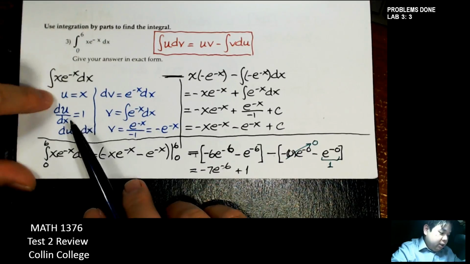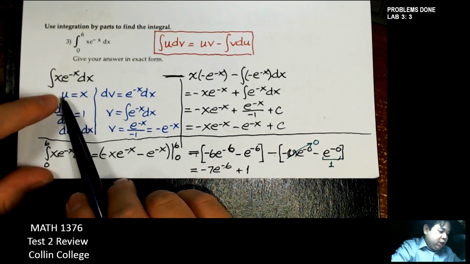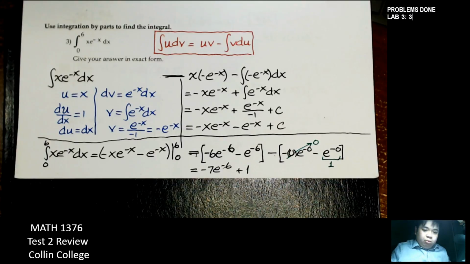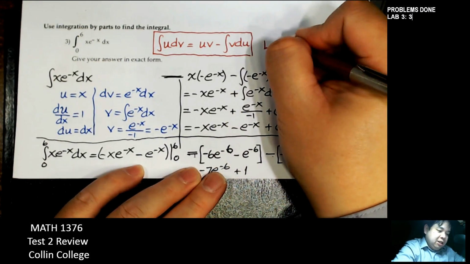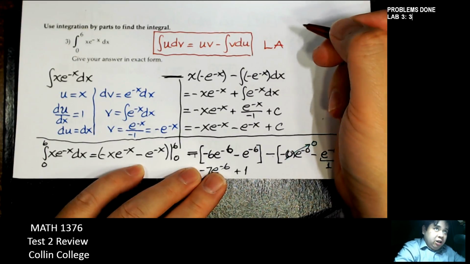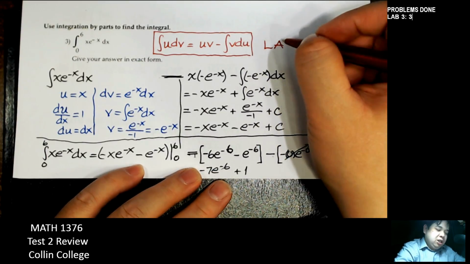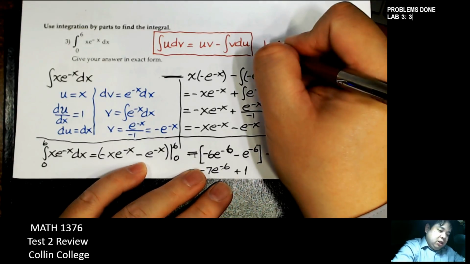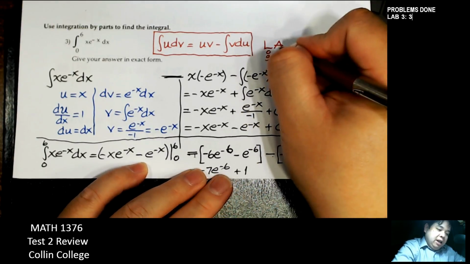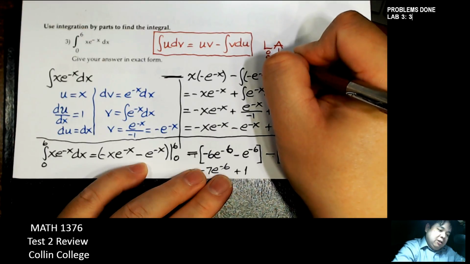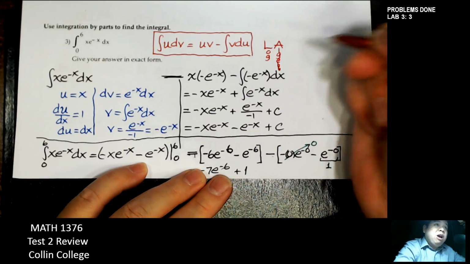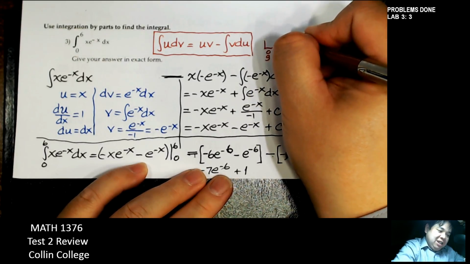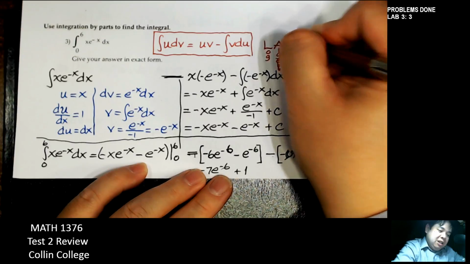Right. So same thing. On this one, we let u equal to x squared. So the order of choosing u is log, then algebraic, which would be the power of x, and then the exponential will be last.